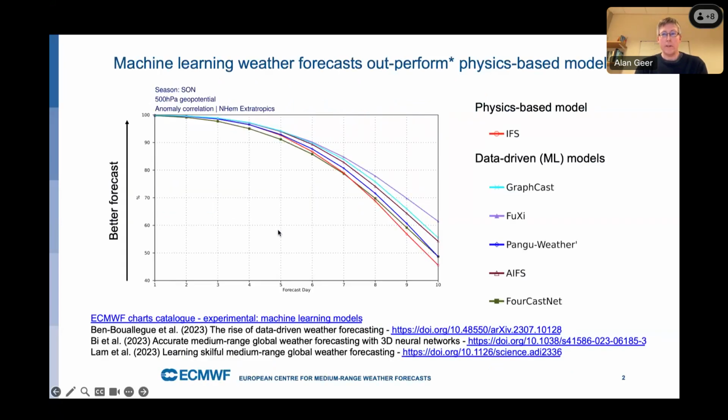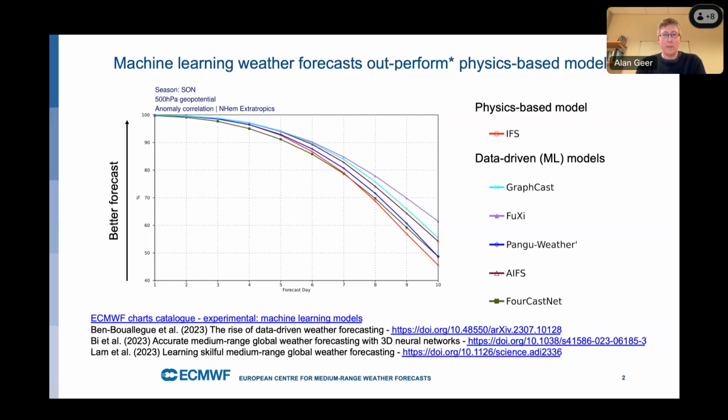the biggest news of the last few years in weather forecasting is really this incredible performance of new data-driven weather forecasting models. Now, obviously, Stefan is going to have an entire talk on this, so I only just want to touch on it. But to say that you can already go to the ECMWF charts website and you can pull down charts showing the weather forecast based on various different data-driven models, including GraphCast, ECMWF's own one, AIFS.